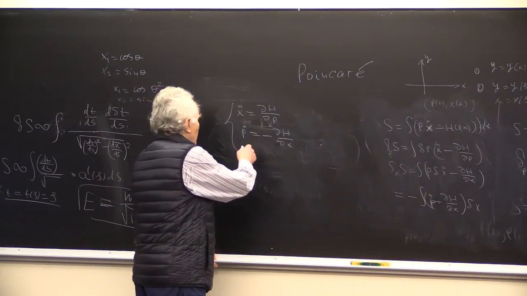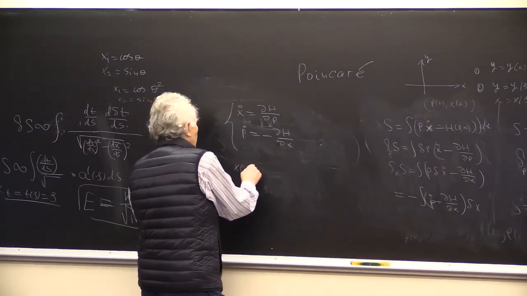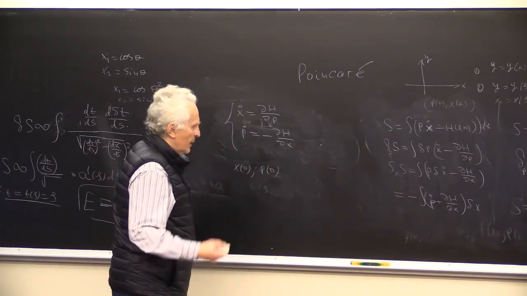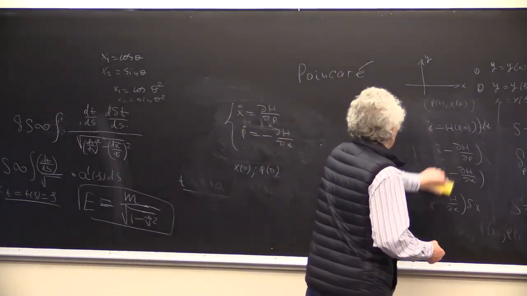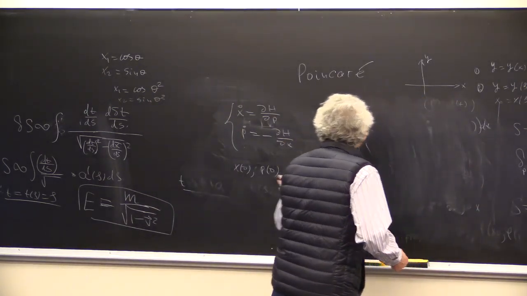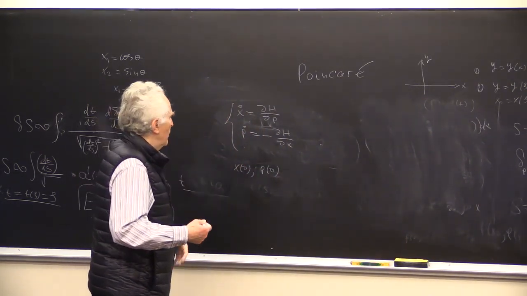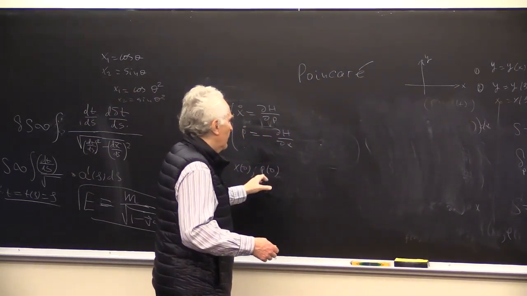In order to fix a solution, you have to fix only x0 and p0. How to see that? That's the last point for today. How to see that it's enough data to find the trajectory, at least nearby.